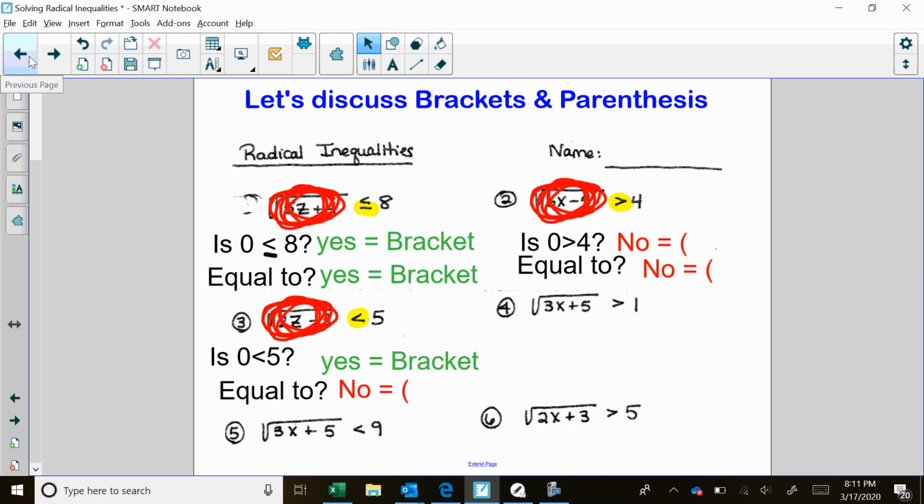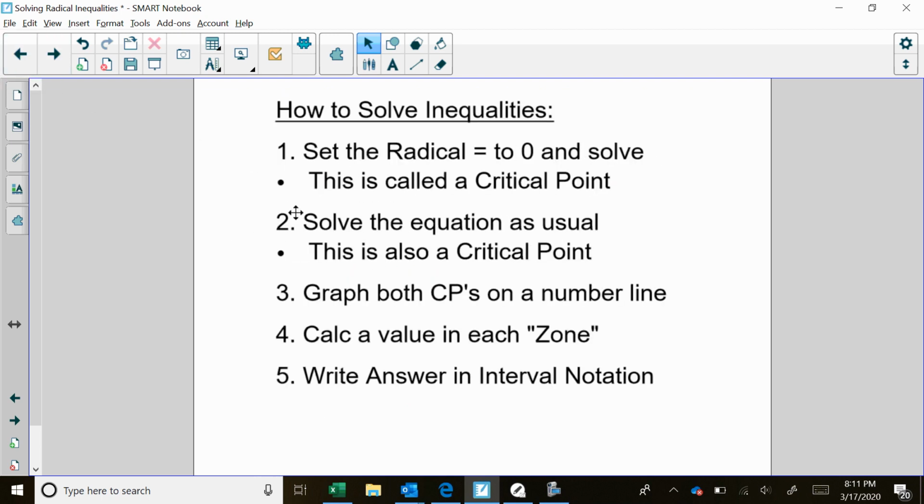Now, let's go and look at how do we actually get our critical points. The first critical point, okay, we take the radical and we set it equal to 0. This is why we put a big red 0 on top of that radical, okay? This is going to be our first critical point. We're going to solve that.